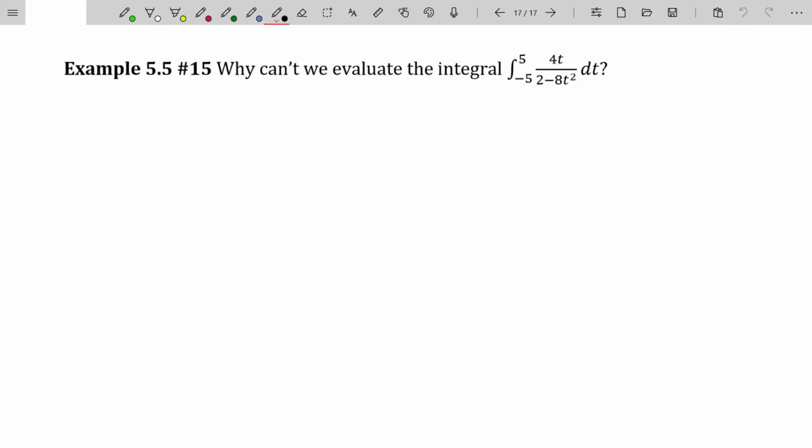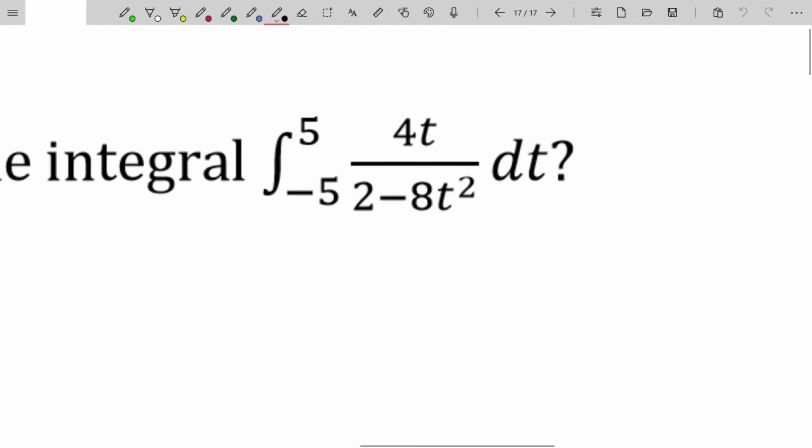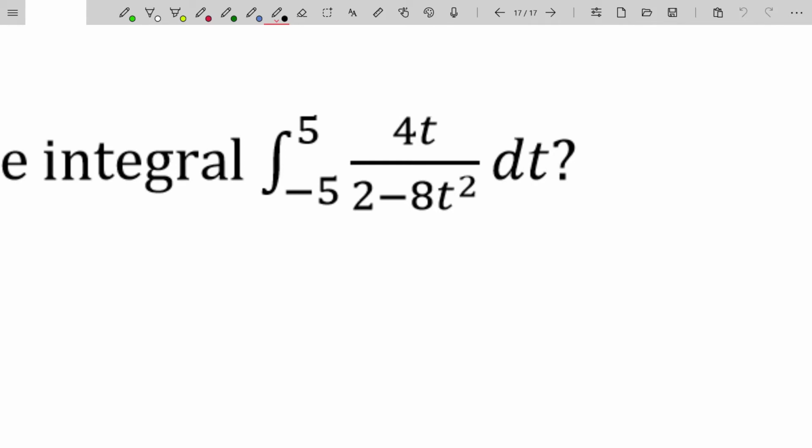And the final example in all of differential calculus, you have arrived. It's a very simple question. Why can't we evaluate the integral from negative 5 to 5 of 4t divided by 2 minus 8t squared dt?